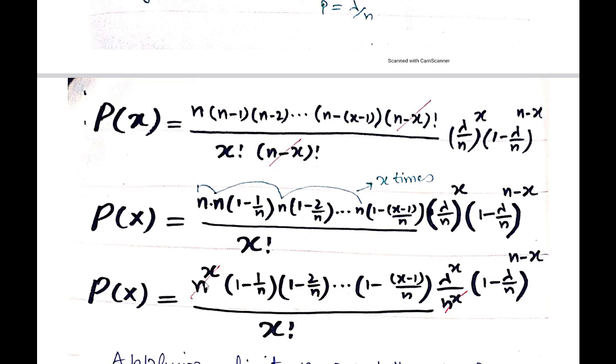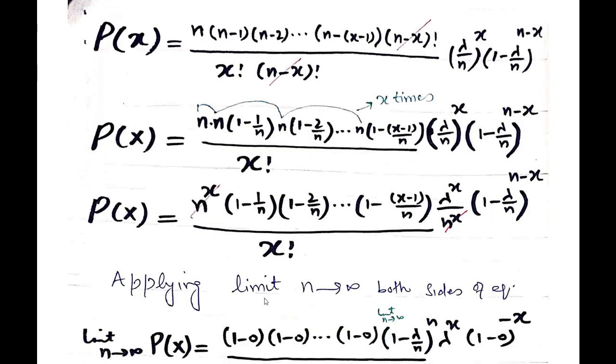So n power x and lambda power x over n power x, into 1 minus lambda over n whole raised to the power n minus x. Cut this n power x with this n power x.